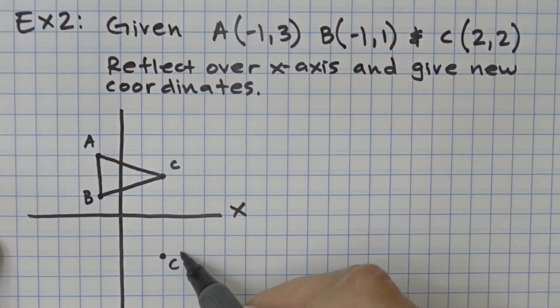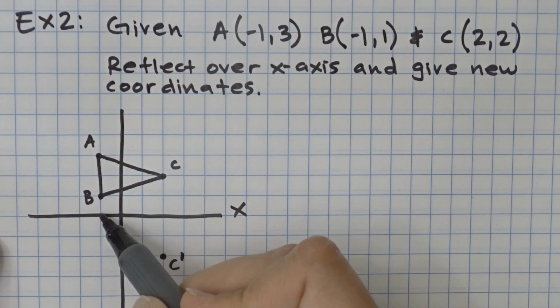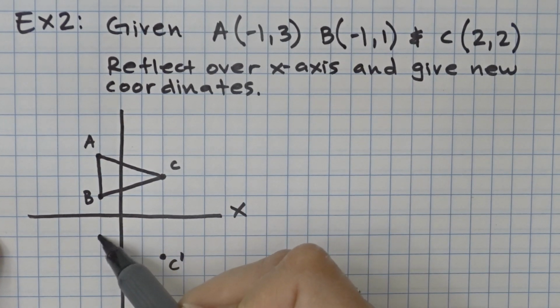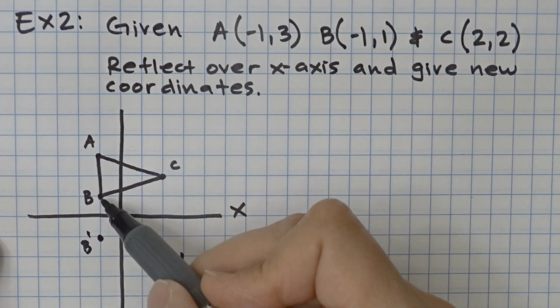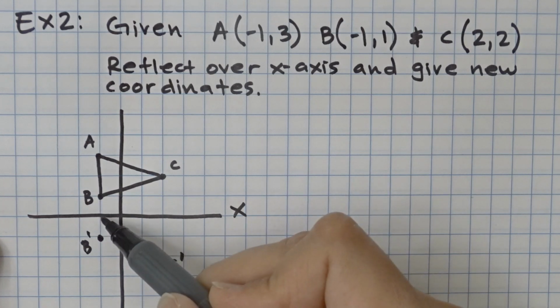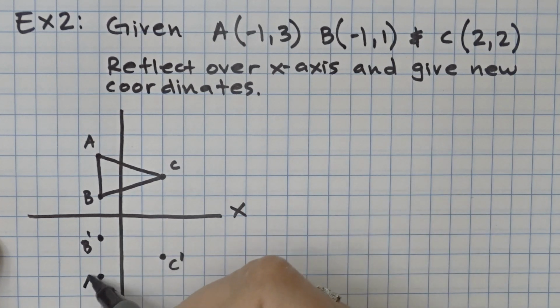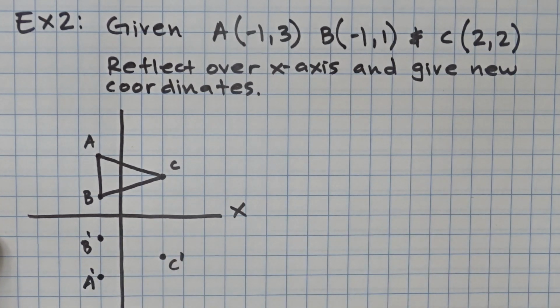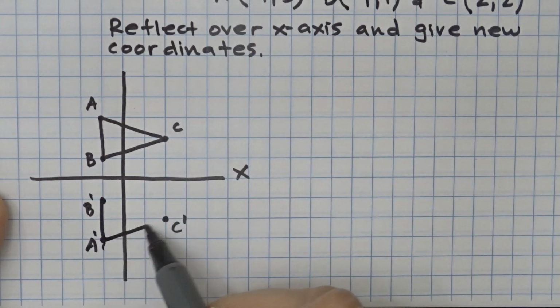C prime, my new C. B is 1 unit away from the mirror, so it's also going to be 1 unit on the other side. And A is 1, 2, 3 units away from the line of reflection. So I'm going to go 1, 2, 3 units on the other side. And so now I have my new triangle.